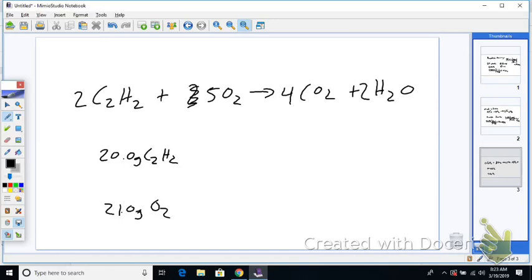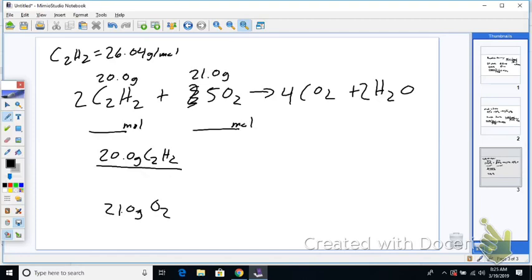So I'll give you the molar mass of C2H2. The molar mass of that is 26.04 grams per mole. And of course oxygen, you guys know that one. So first of all, get it into moles. On this one, we divide by 26.04, right?